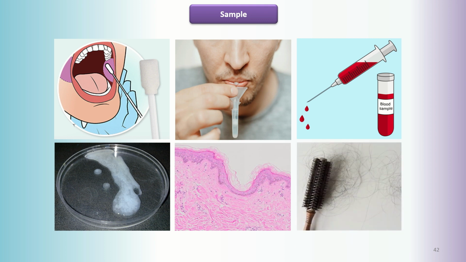But for hair, it is important to use hair with the root or follicle, as only that part consists of cells that carry the DNA.